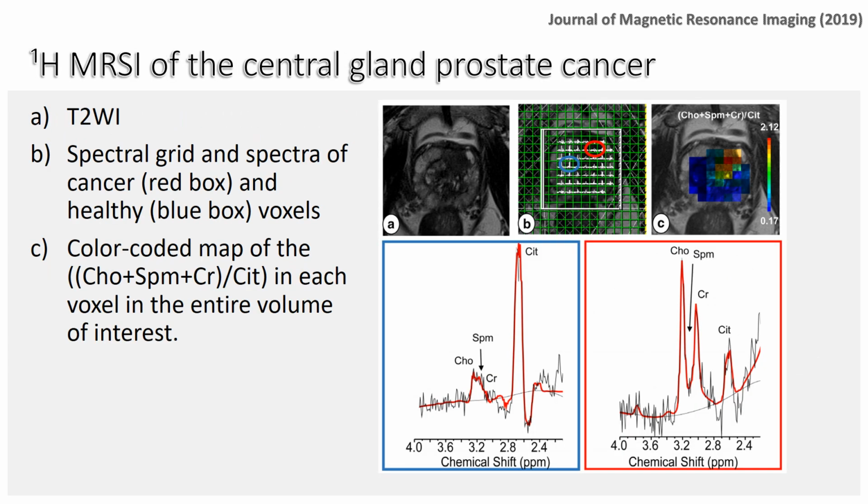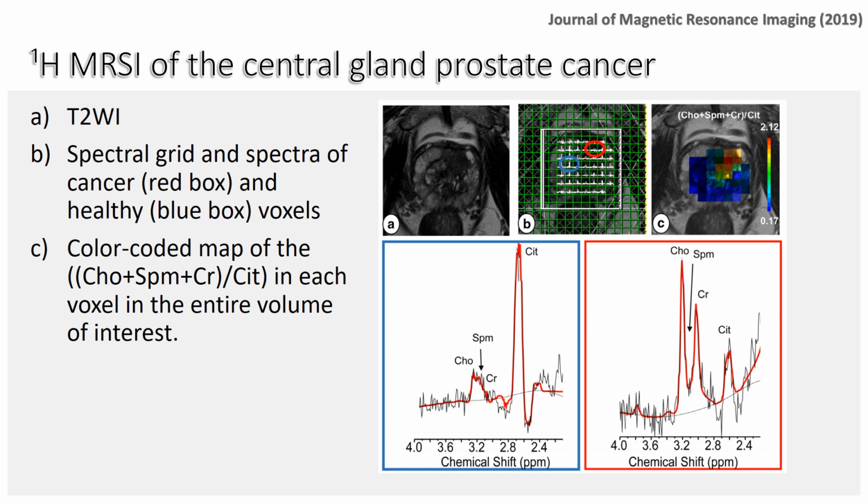This figure is an example of a prostate cancer patient with a high-risk central gland lesion. Figure A shows axial T2WI with low signal intensity on the left side of the central gland. Figure B shows a spectral grid superimposed on T2WI with examples of cancer and healthy voxels.